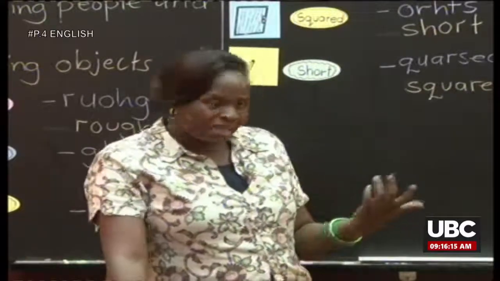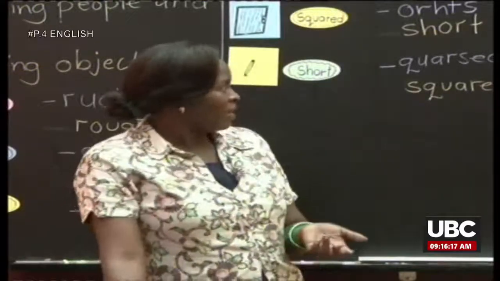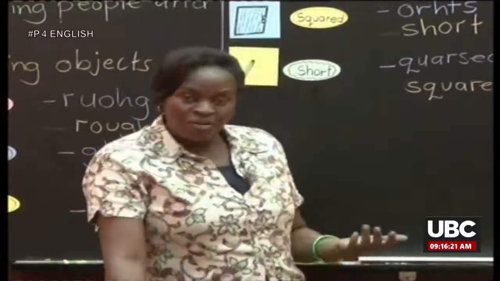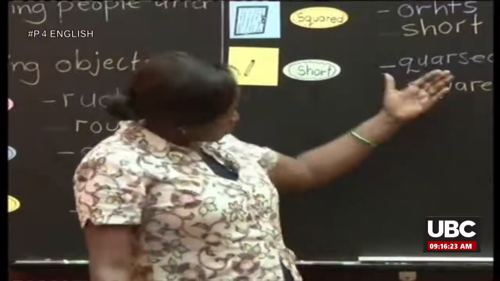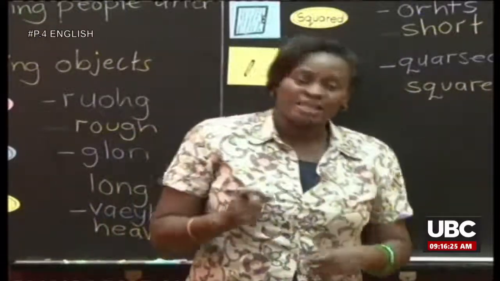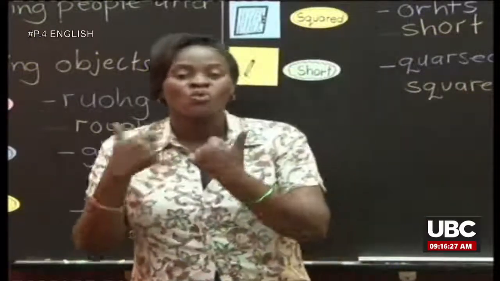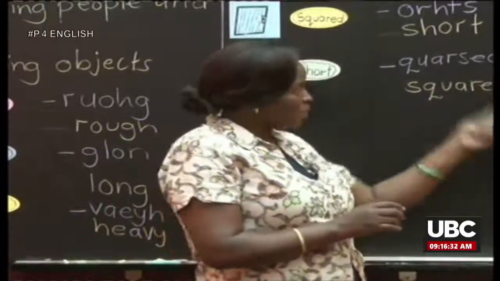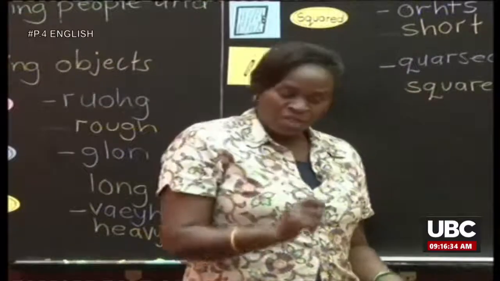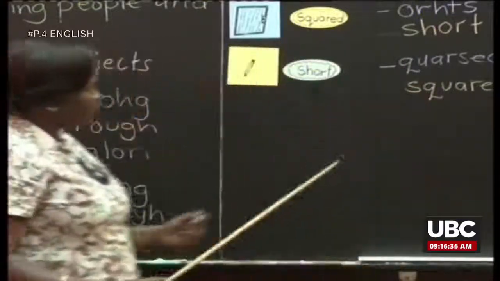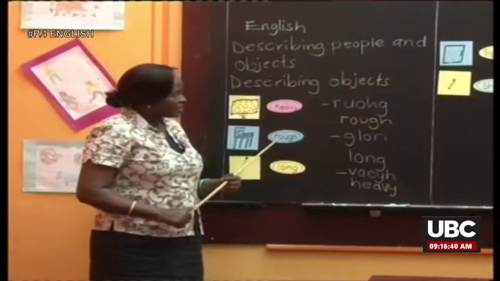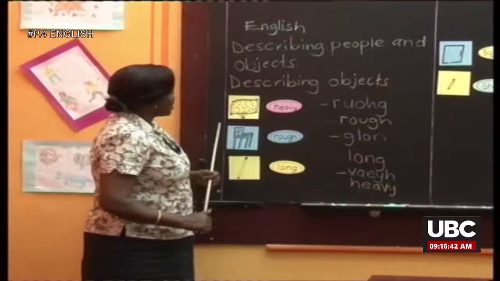For example, your mother decided to send you somewhere and she tries to describe something. Can't you bring that one out? You'll be able to describe the object so that the person will understand. If you want to be directed or you are directing somebody, you use the describing words for objects. You'll be able. Now, let's go through what we have looked at together, and then we shall see our lesson.